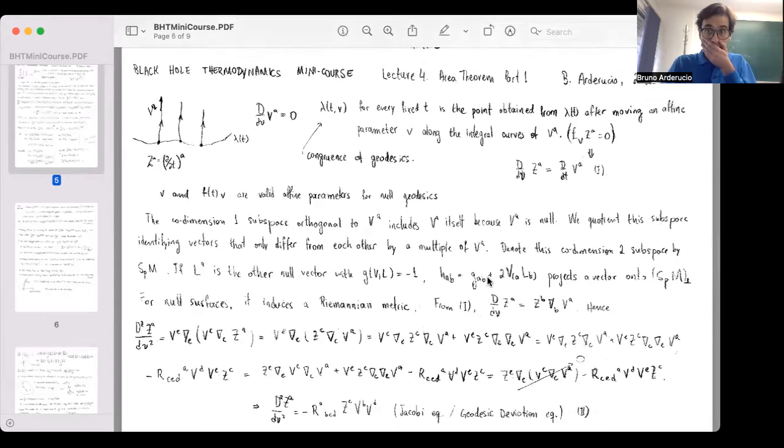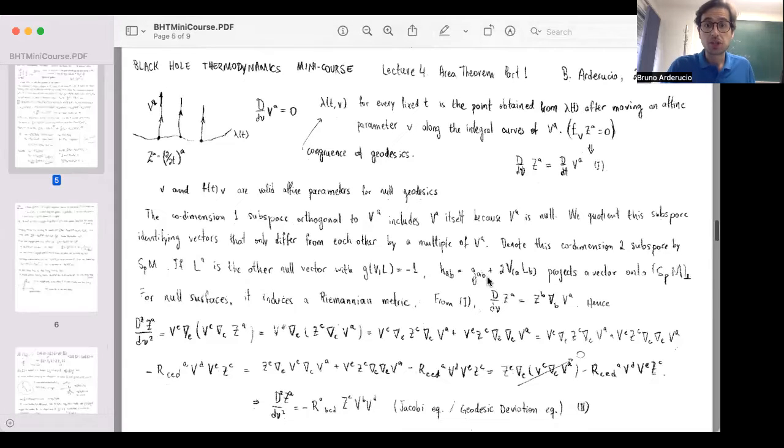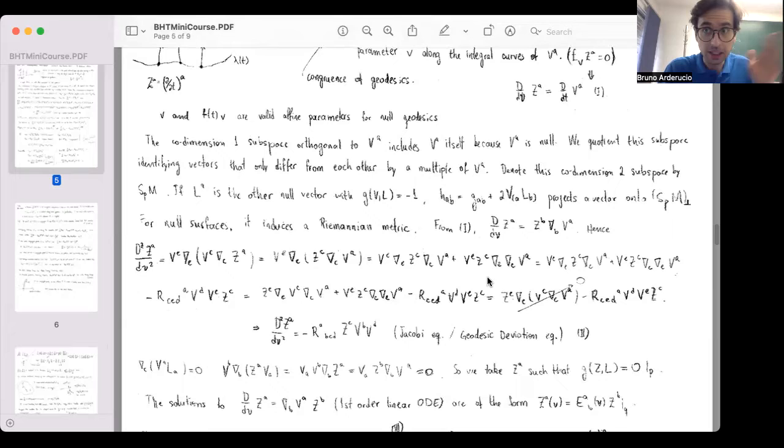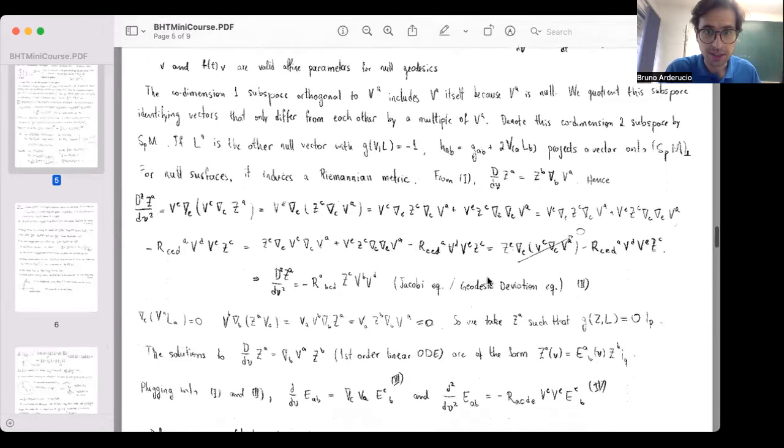What we saw: we considered quite generically congruences of geodesics, and only geodesics, because for us that's more important. I mentioned that there's something similar for timelike geodesics, and there are also studies of congruences of curves that are not particularly geodesics.